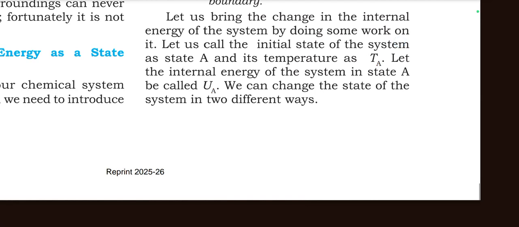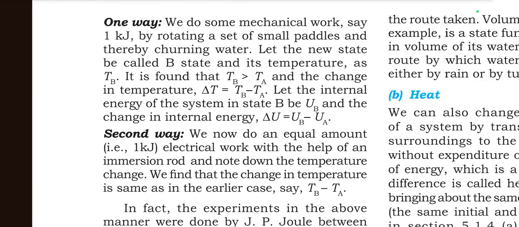Let us bring about a change in the internal energy of the system by doing some work. Let us call the initial state of the system A and its temperature TA. Let the internal energy of the system in state A be UA. We can change the state of the system in two different ways. One way: we do some mechanical work, say 1 kilojoule, by rotating a set of small paddles, thereby churning the water.